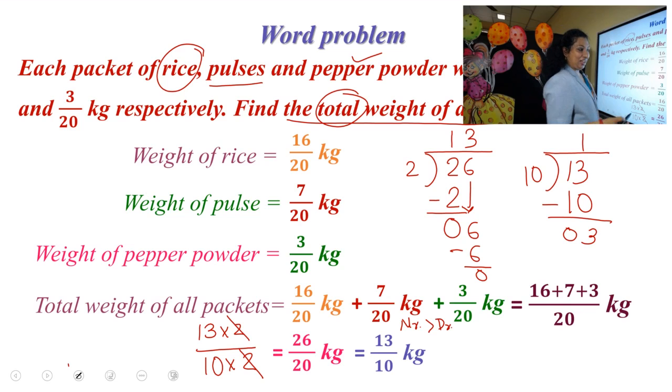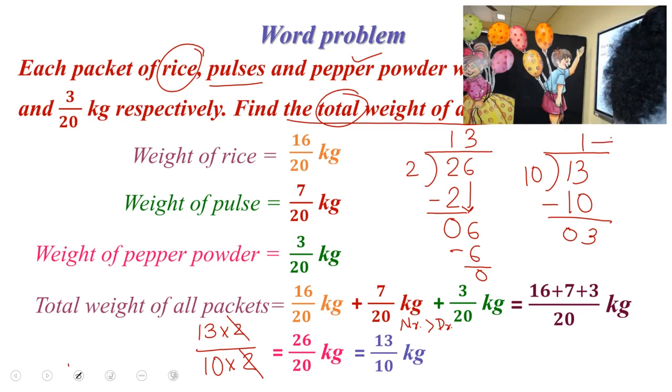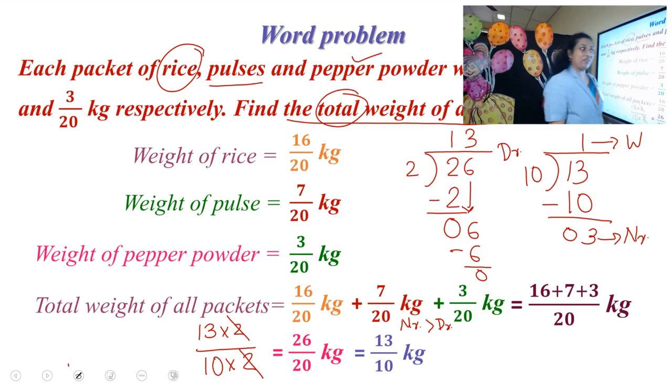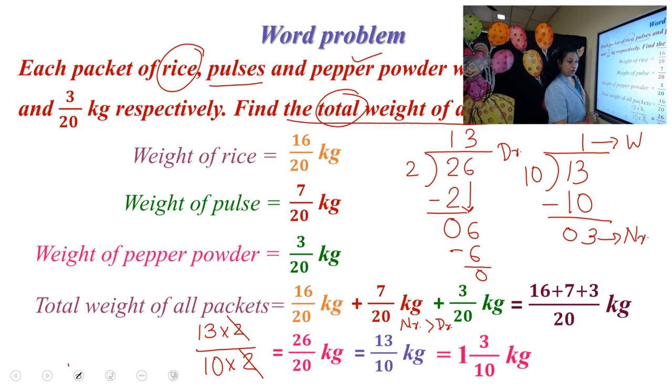The whole number will be 1. Then this is our numerator, and there is no change in the denominator. The divisor will be our denominator. So 13 by 10 kilogram can be written as 1 and 3 by 10 kilogram.